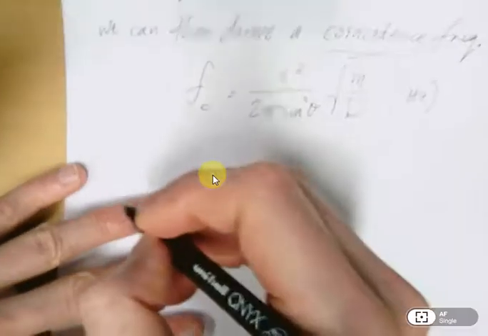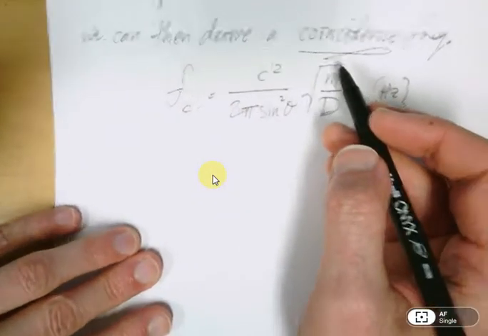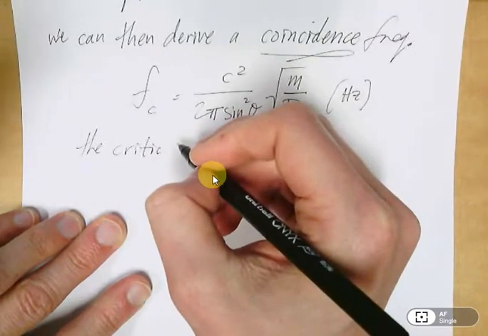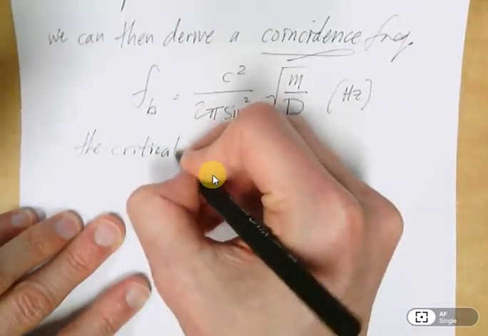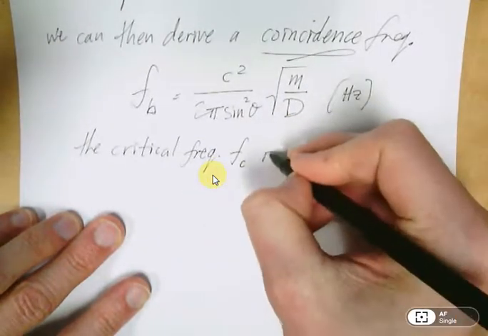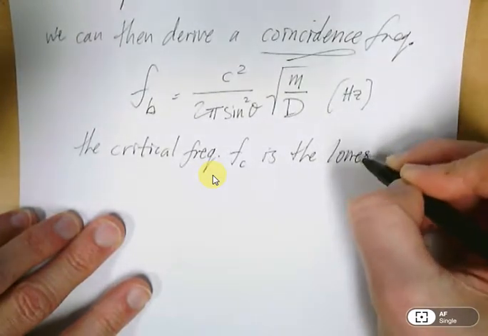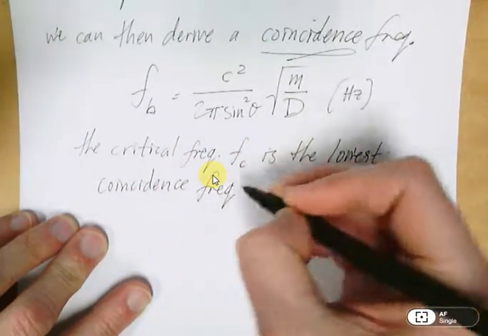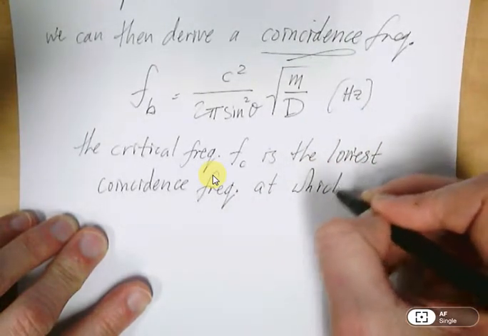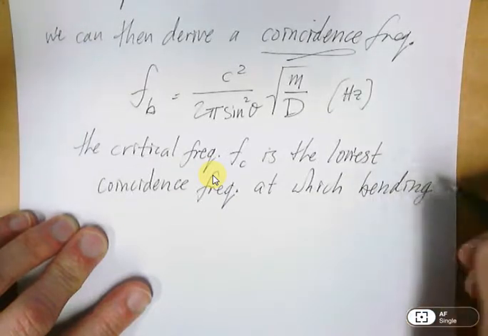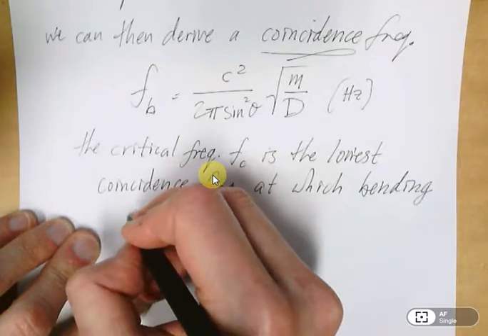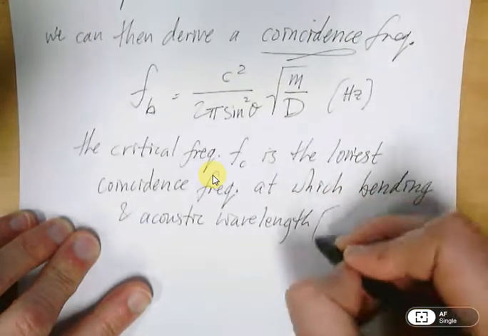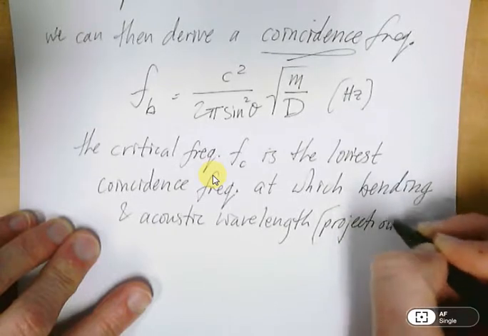And this coincidence frequency is related to the critical frequency by the fact that the critical frequency, this should be f sub b, the critical frequency f sub c, is the lowest coincidence frequency at which the bending and acoustic wavelength projection are the same.